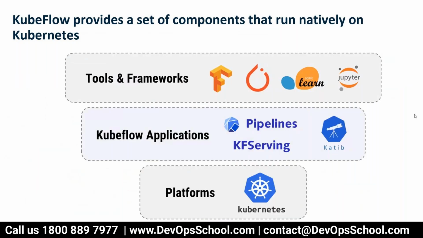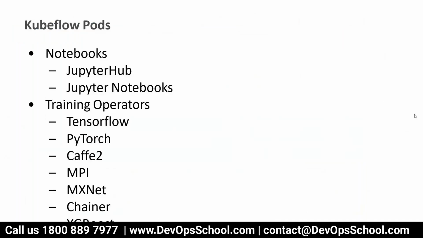So when you are using Kubeflow, you must remember it's all about the platform called Kubernetes, and then you have lots of tooling and framework applications like Pipeline, KFServing, Katib, Jupyter Notebook, TensorFlow, and many more. So these are the things you will get. In terms of notebooks, you will get two options.